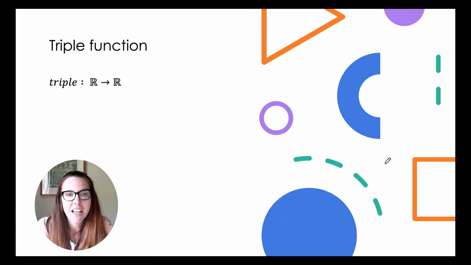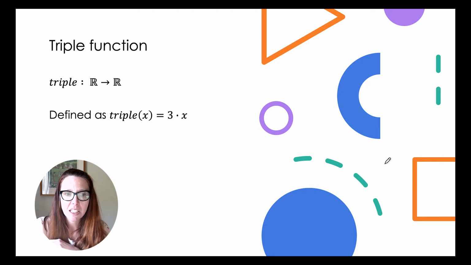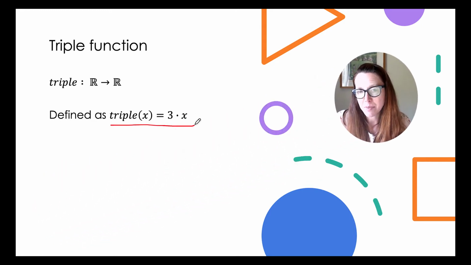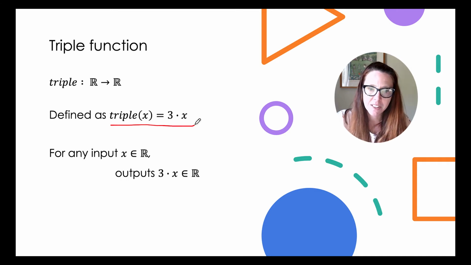We can also define a triple function, and this is just a function that's going to take in any real number and return a real number that is 3 times that initial real number. So we'll define triple of x is equal to 3 times x. It's fairly straightforward.